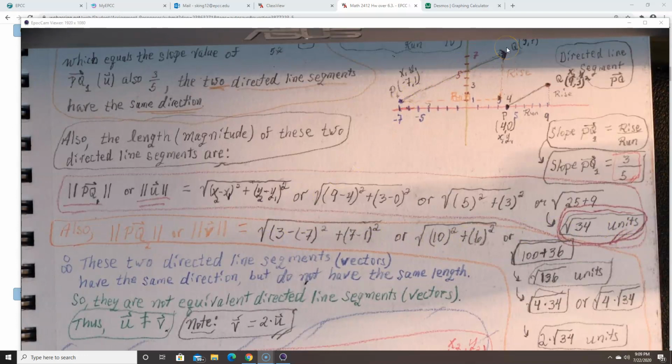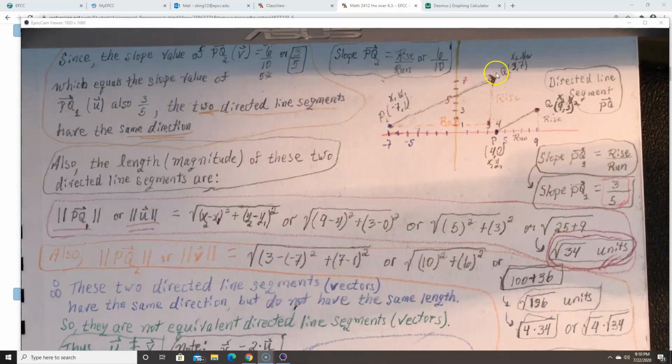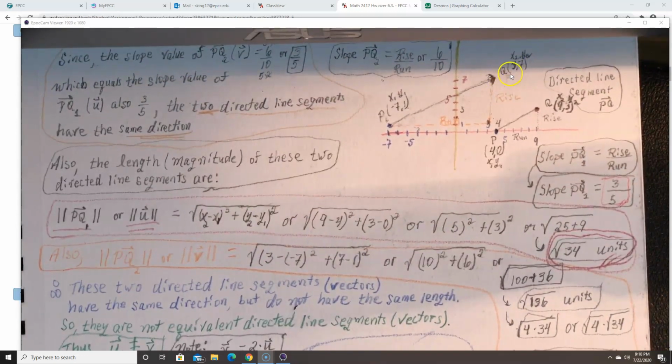Clearly this one looks longer. So this is the terminal point, which we'll call our second point, x sub 2, y sub 2. This is the initial point, so we'll call this x sub 1, y sub 1. To find the distance between these 2 points, we say x sub 2 minus x sub 1.